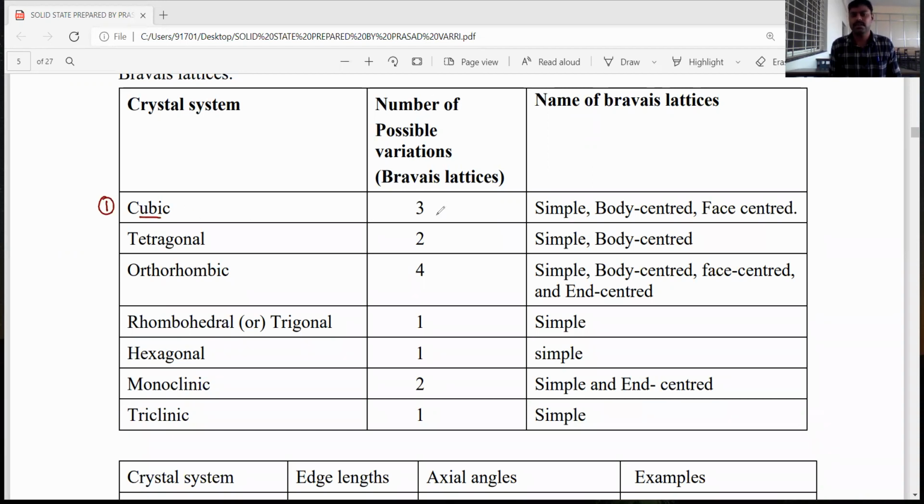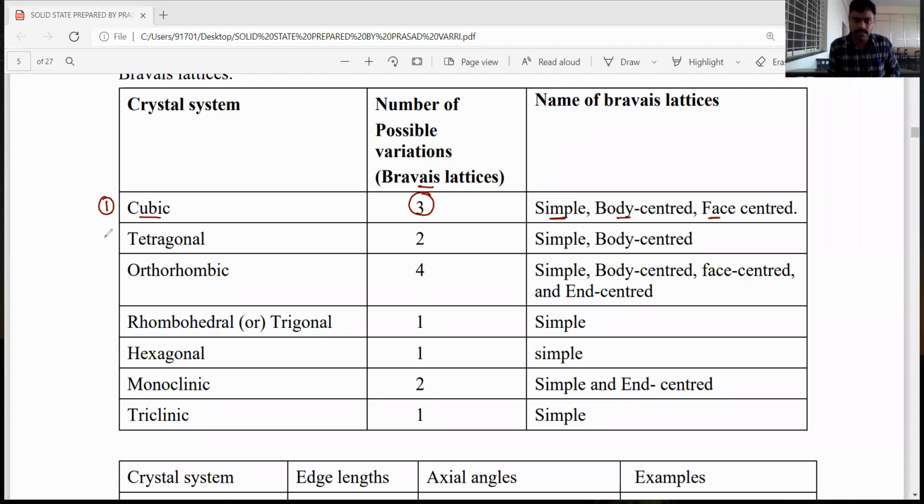In the cubic crystal system, there are 3 Bravais lattices: simple, body center and face center. Those are the simple cubic unit cell, body centered cubic unit cell and face centered cubic unit cell.